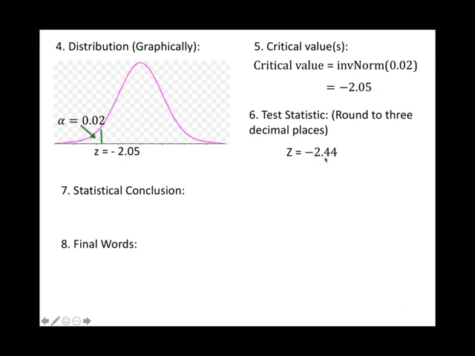So negative 2.44 should be smaller than this guy, right? So somewhere like here. If your test statistic is located in the critical region, are we going to reject or fail to reject? That would be reject, right? Reject the null hypothesis.